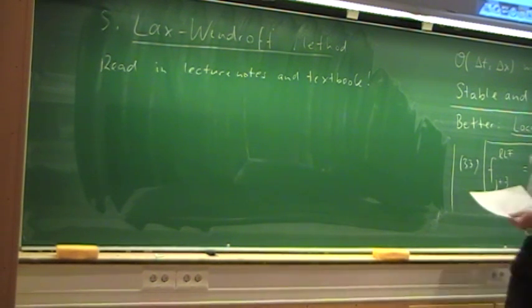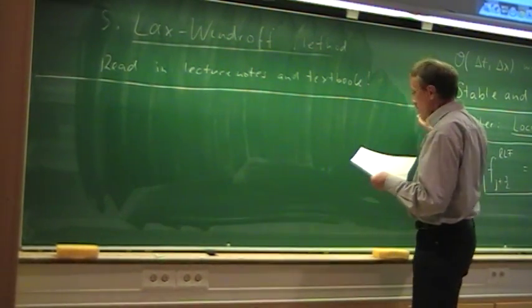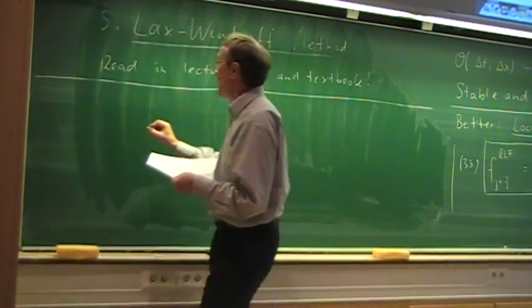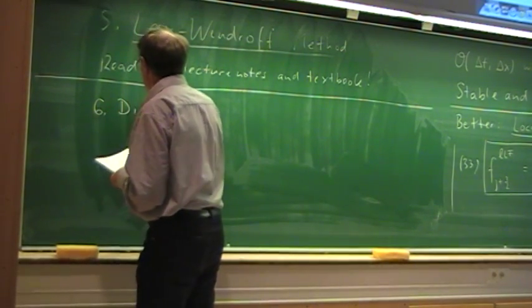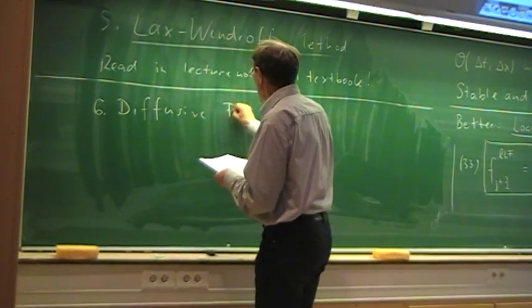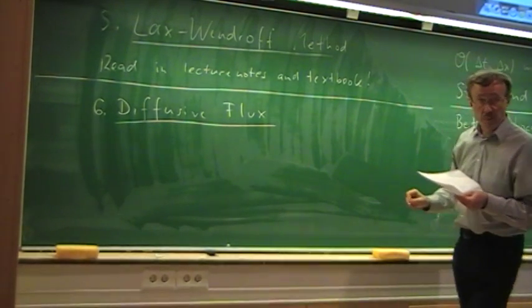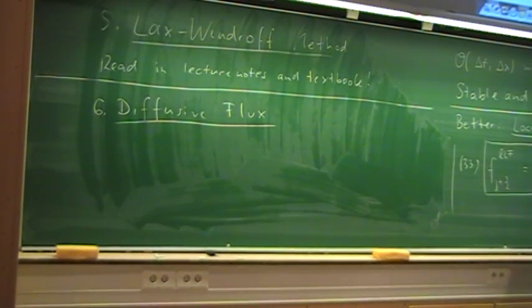So to get those, you have to know how to discretize a diffusive flux. So that is the chapter that we need when we want to solve actually the Burgers equation itself, because the Burgers equation itself contains a viscous term: kinematic viscosity times second derivative of u with respect to x.